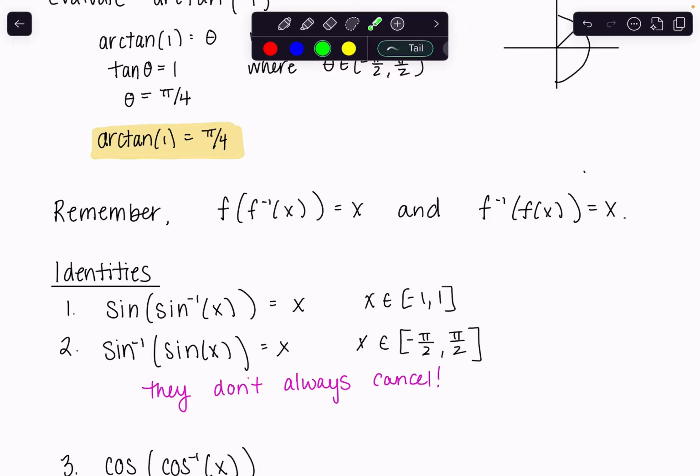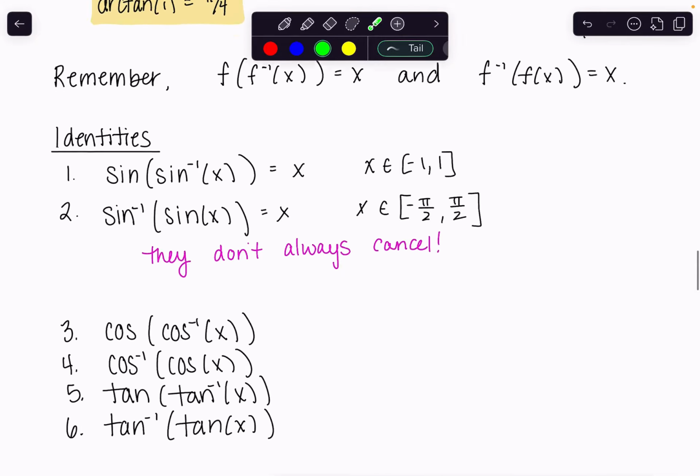Even up here, you can get tricky, because if there's a 3 on the inside, sine inverse of 3 does not make sense. If you evaluate sine inverse of 3, it should give you an angle, but that's the same thing as asking where does sine theta equal 3. So again, it doesn't cancel because that input wasn't in the original domain.